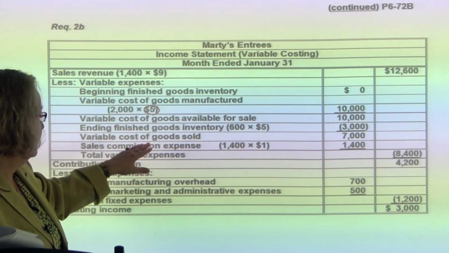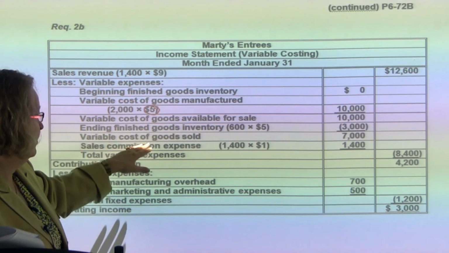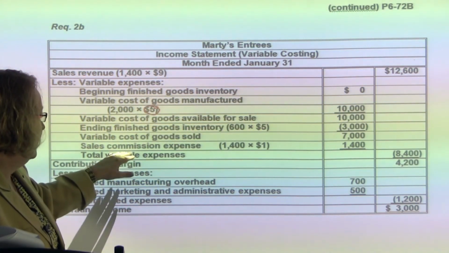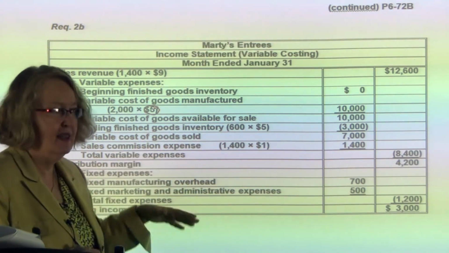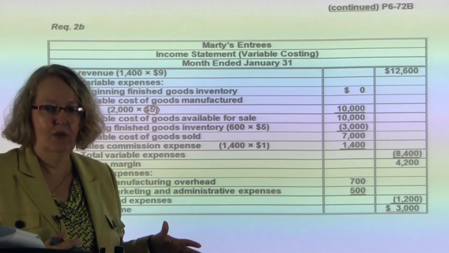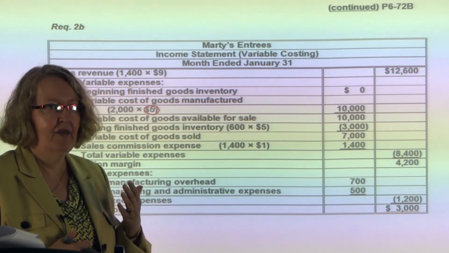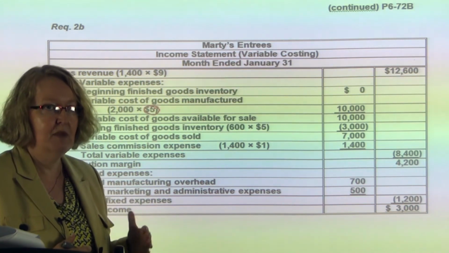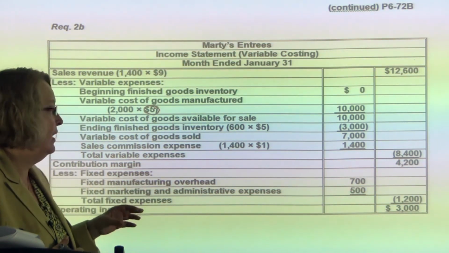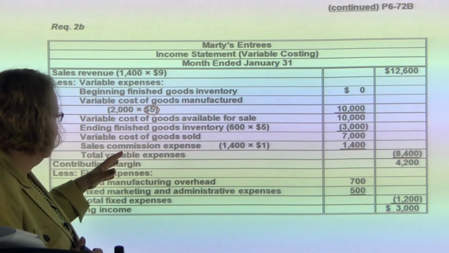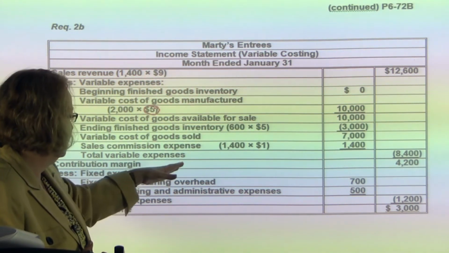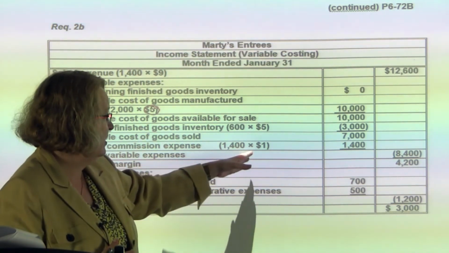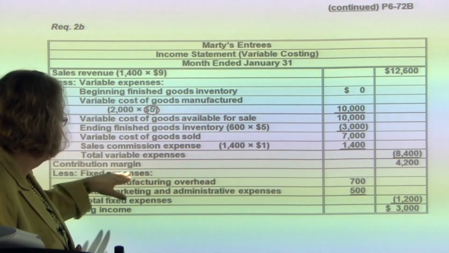So your variable cost of goods sold is $7,000 plus, now you're including your sales commission because that's a variable cost. So when you're using variable cost to prepare your income statement, it's all variable, both the manufacturing cost and any marketing or sales commission costs. So 1,400 units times $1, $1,400.